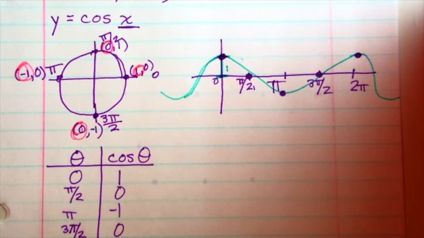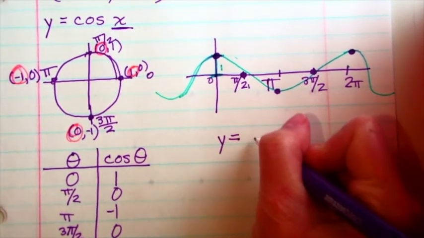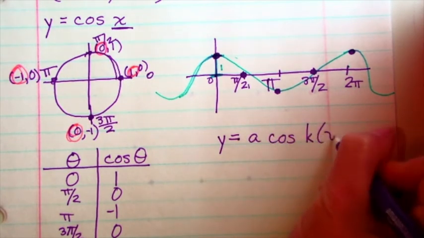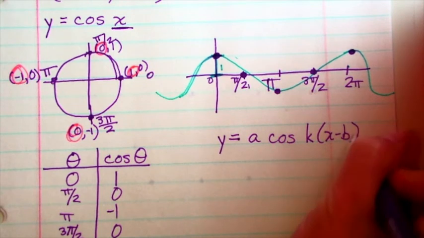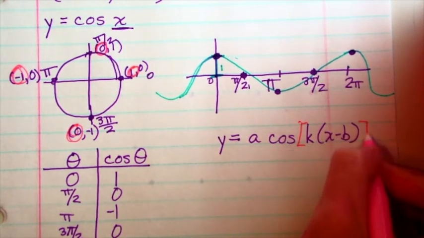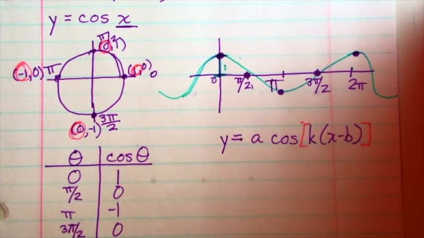So let's write out our general form. y equals A cosine of k times x minus b. And again, that k times x minus b, that whole thing comes with that cosine function. So that's all hooked together.